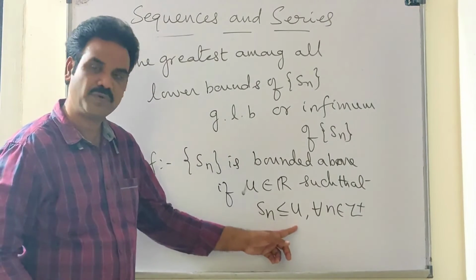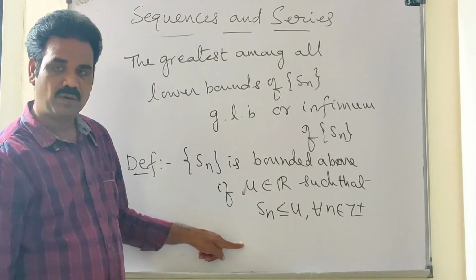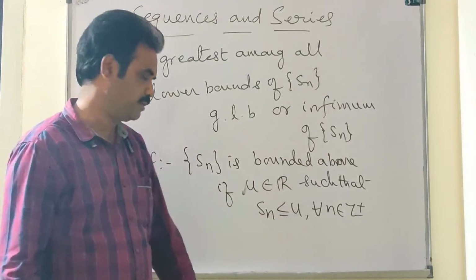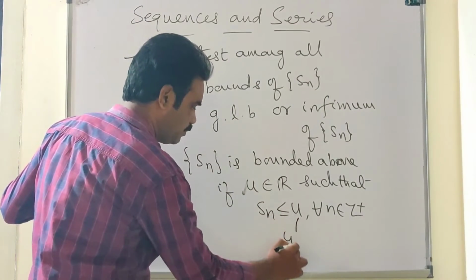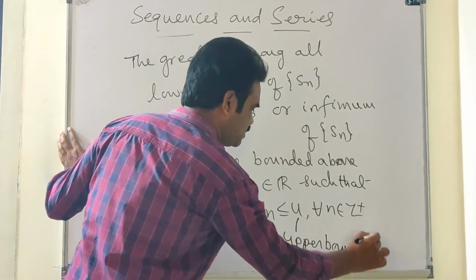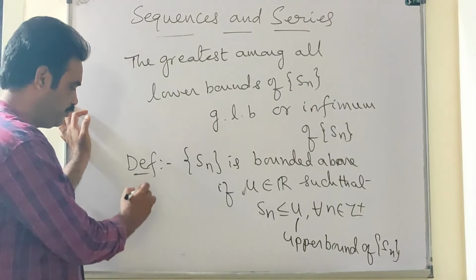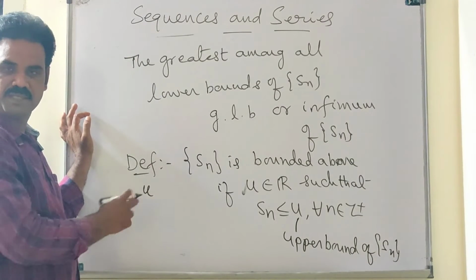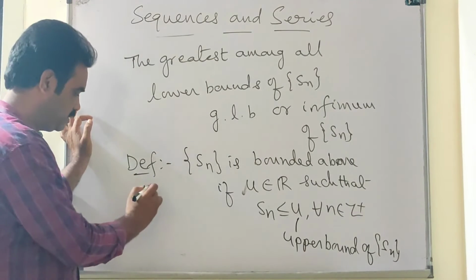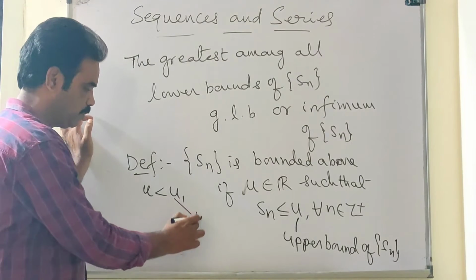Then this u is called an upper bound of the sequence, and in this case Sn is said to be bounded above. Remember one thing here: if u is an upper bound of the sequence Sn, then any number greater than u is also an upper bound. Suppose u is less than u1, then u1 is also an upper bound.